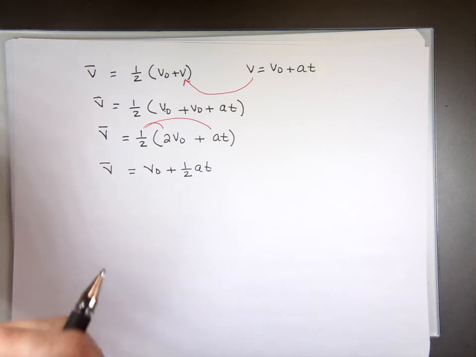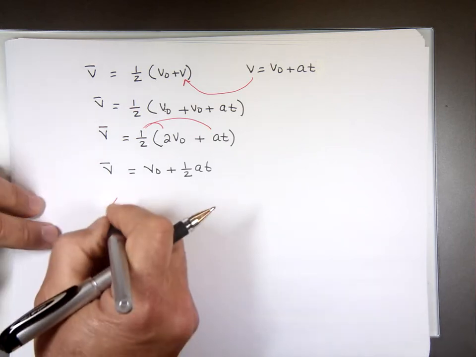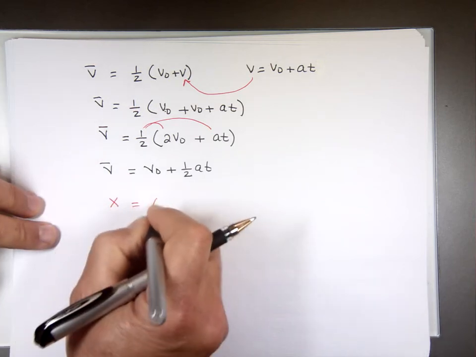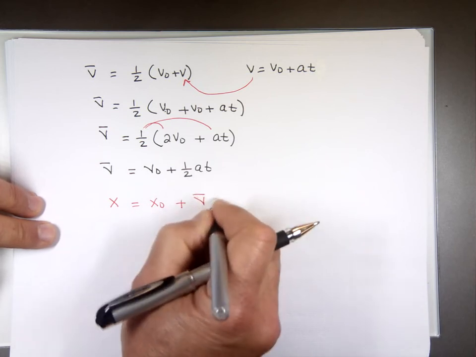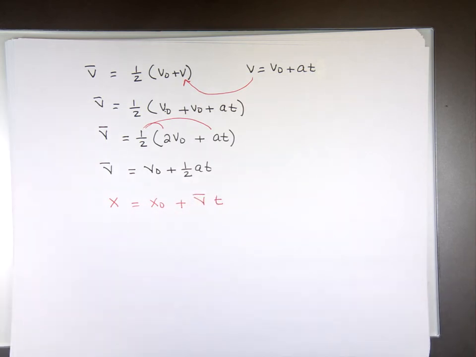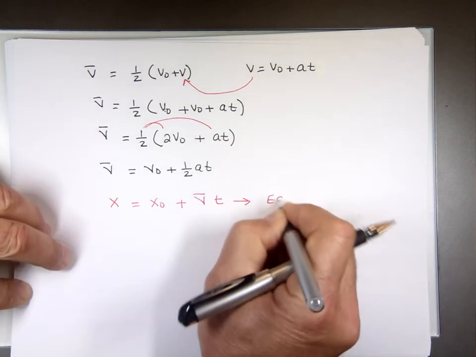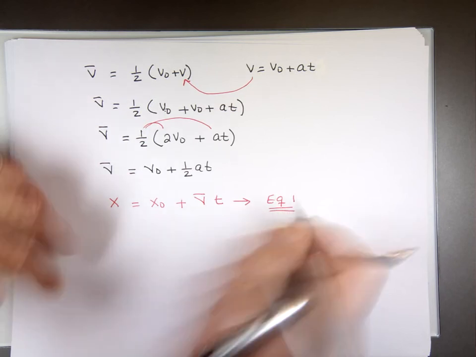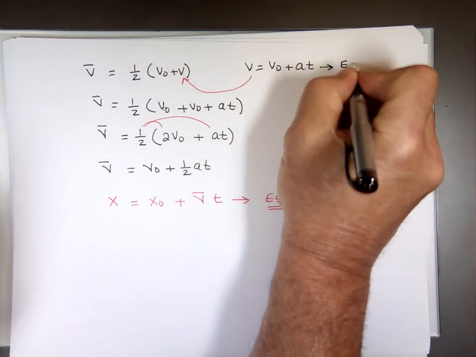Remember equation 1 I wrote today? What was equation 1? X equals X sub 0 plus V average times T, right? That was equation 1. That was equation 2 from earlier today.